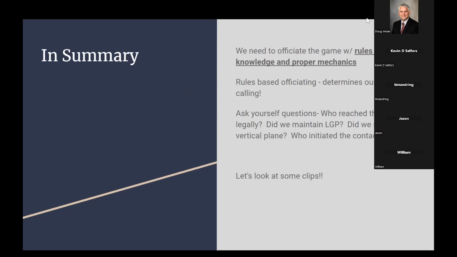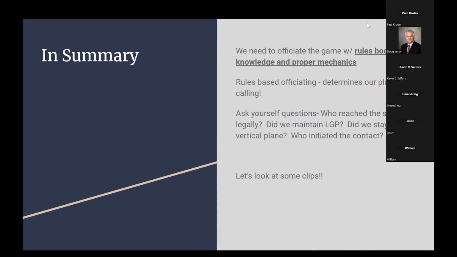For new officials, the rule book can be daunting and it's long and there's information everywhere. My advice, start in Rule 4. It defines a lot of the things that you need to look for to establish legal guarding position, legal screens, legal guarding, what you can do with your hands, what you can't do with your hands. The rest of the rule book, 9 and 10, are based off of Rule 4.